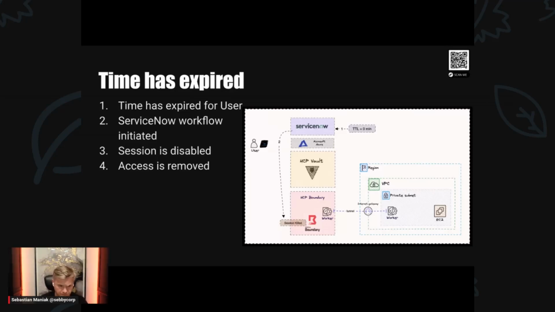So now the user session is disabled, access is removed, and the entire environment is back to normal where it should be. And with that, we get audit logs from ServiceNow from a whole ticketing perspective that we can audit and see and have governance that somebody accessed this at a given point in time. And we also have these just-in-time credentials that were deleted, removed, that don't need access to those devices itself.